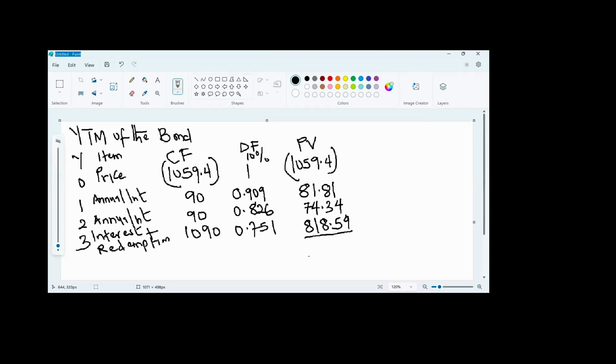Let us know if it is positive or negative. Negative 84.66.